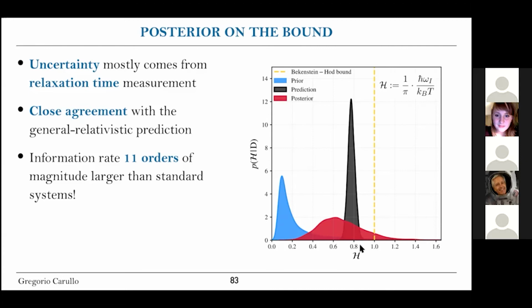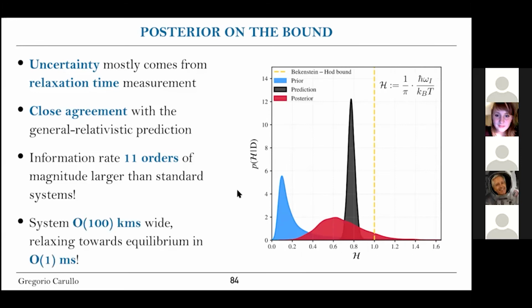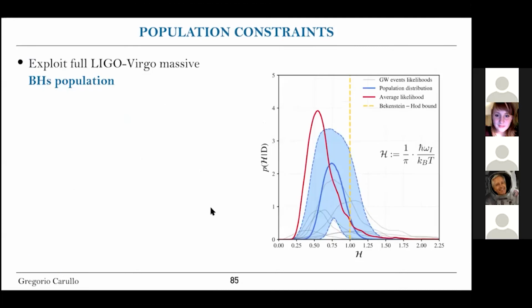So the fact that this distribution does not peak at 10 to the minus 11, but peaks at values close to unity is really a remarkable property of these systems. And in the end, the root is in the fact that we have a system which is 100 kilometers wide, so as big as Tuscany, which is relaxing towards equilibrium in just a few milliseconds, which is quite impressive.